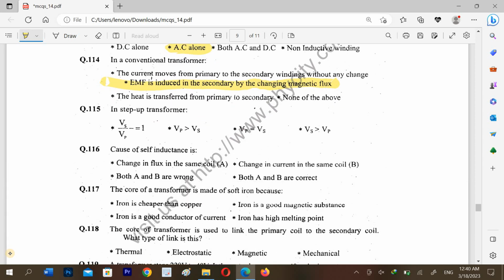The heat transferred from primary to secondary. Oh, this is what I'm reading for that one, sorry. In a step up transformer, this will be the answer. Cause of self inductance is both A and B are correct.